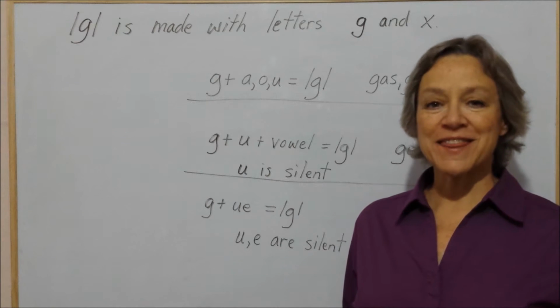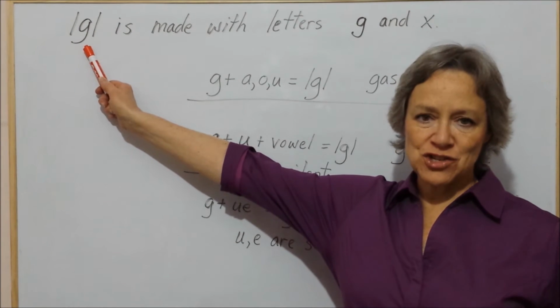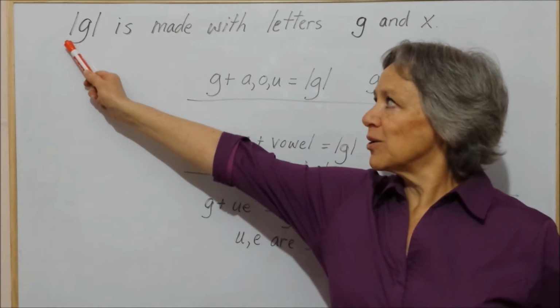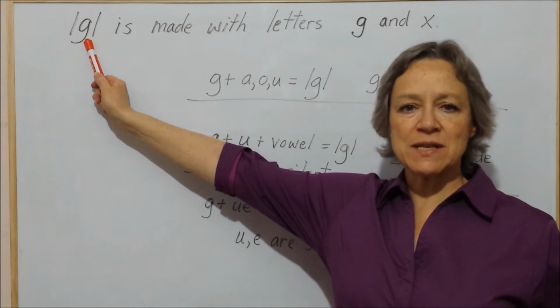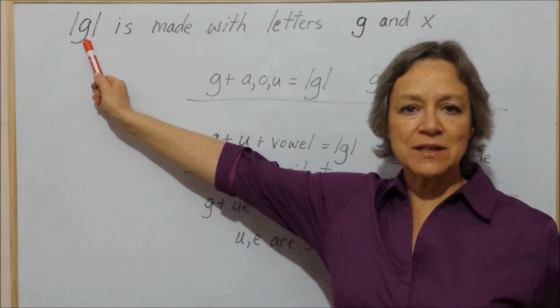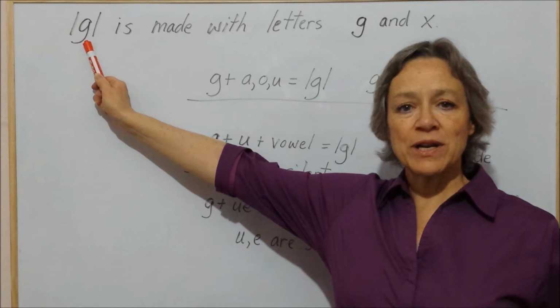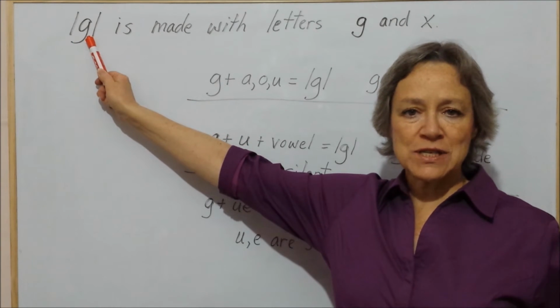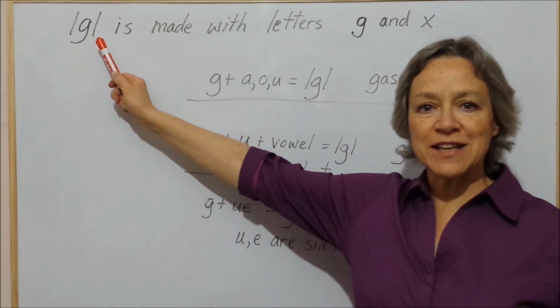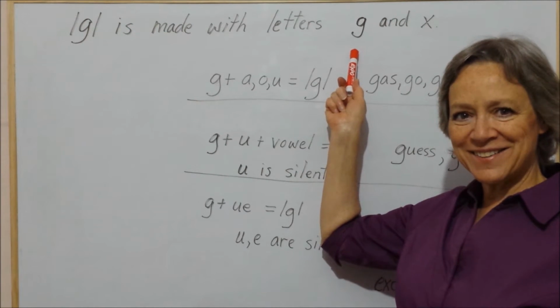When I talk about this sound, G, I will write the letter G like this, surrounded by two slash marks. This represents the sound. This is G. This does not represent the letter G. When I talk about a letter, I will not use these two slashes. I will write the letter G like this, okay?